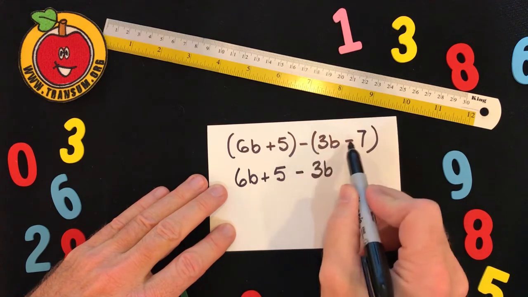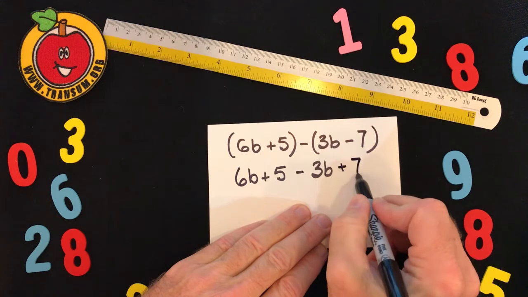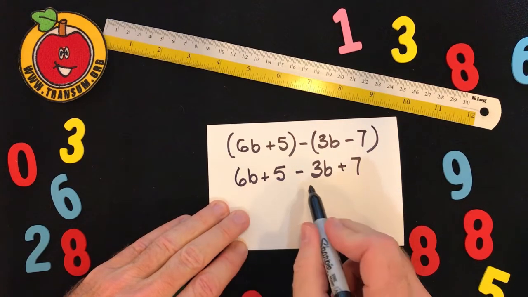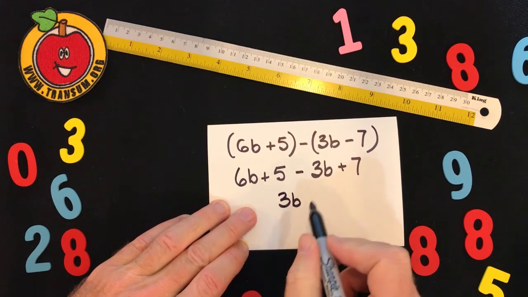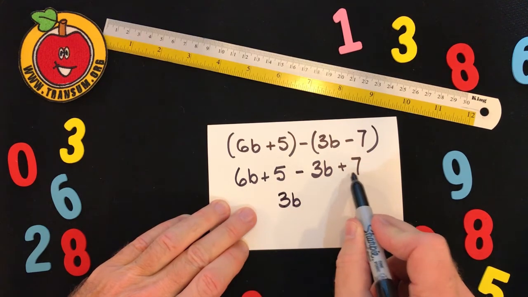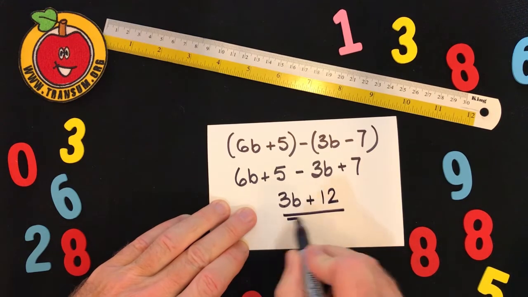So the two minuses make a plus, you could say, in this case, and we have plus 7. So now we have 6b, take away 3b, which is 3b, and then 5, and a plus 7, that makes 12. And that's the answer that you would type in for that question.